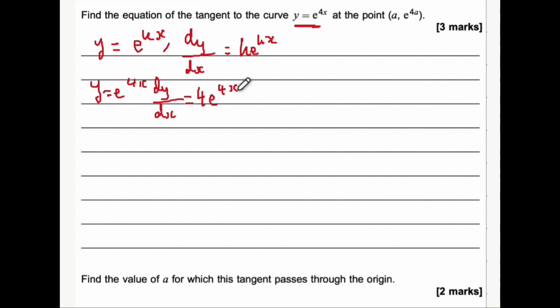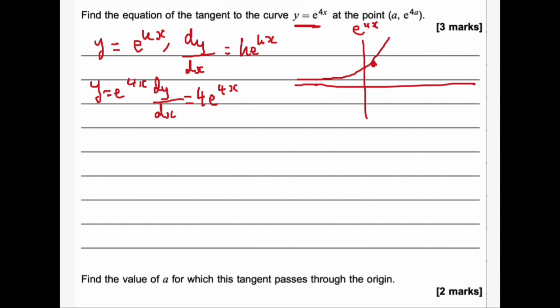Before we move on to the rest of the question, let's talk about what it's asking us to find. So the equation of a tangent to a curve. If we draw a brief exponential curve like e to the 4x, it's asking for the tangent at the point a, e to the 4a. We don't know what that point is, but let's just say it's this point.